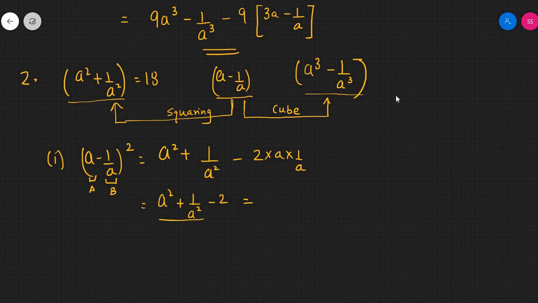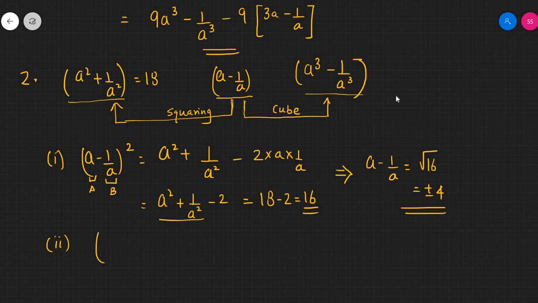A squared plus 1 by a squared is given as 18, so that's equal to 16. This implies a minus 1 by a is equal to the square root of 16, which is plus or minus 4. So that's what your answer would be.